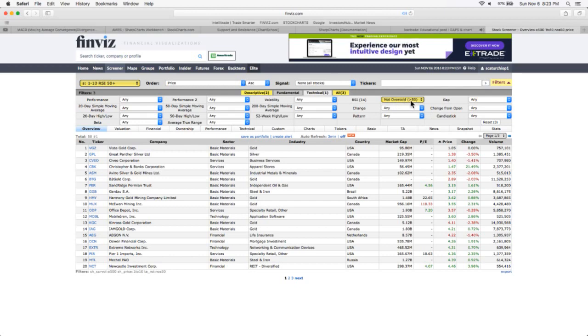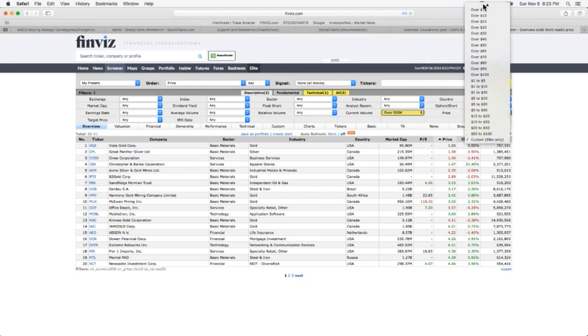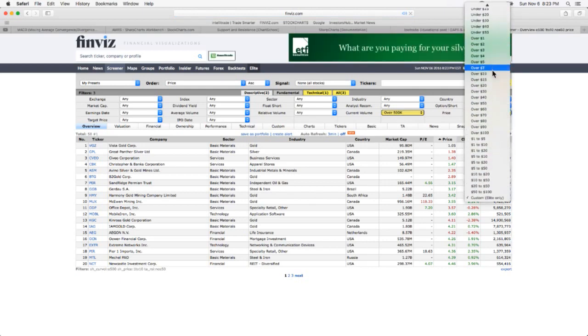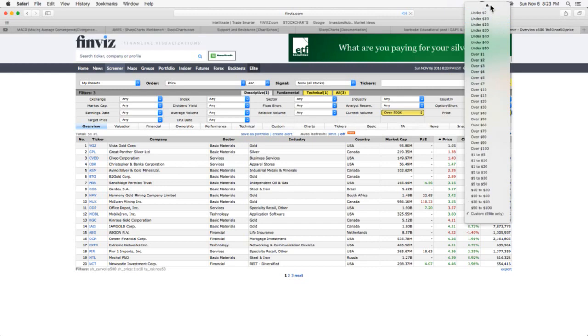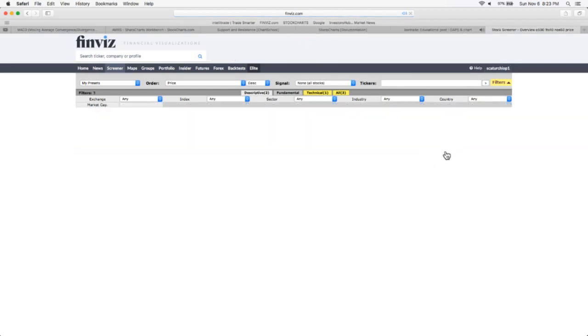The reason why I like RSI over 50 is because that's generally telling you it's going in the right direction. You got strong buys coming in. And you can see I have the price set under $10, 1 to 10 on this one. Volume over 500K, and then it scans, and you just take a look at it. I got it set from high to low.